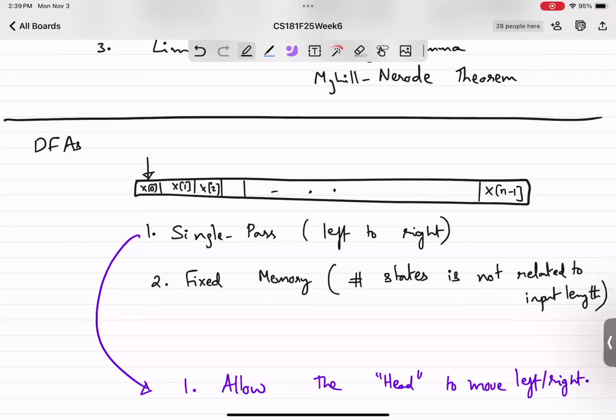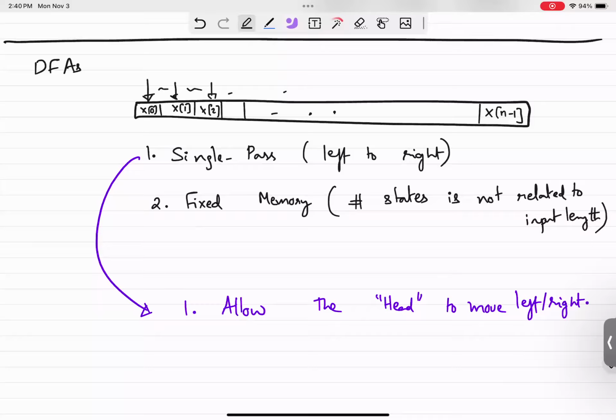So there's some hopping that you're doing in the state space, but at the same time, your head, the pointer, is moving from left to right sequentially. You're only allowed from left to right, single pass.